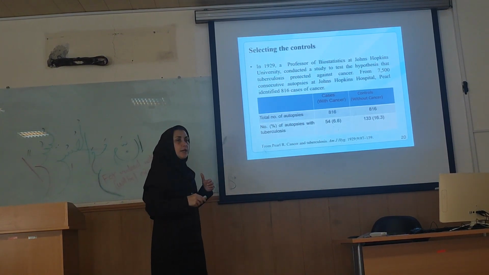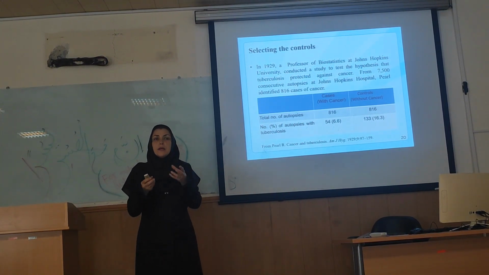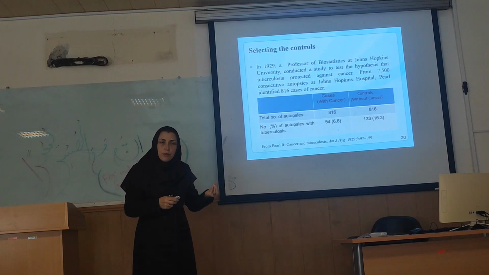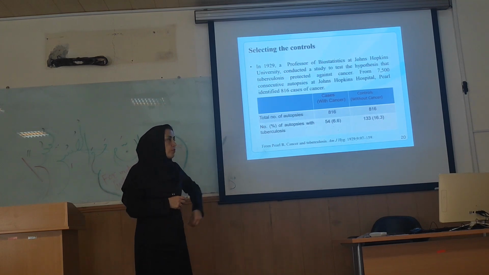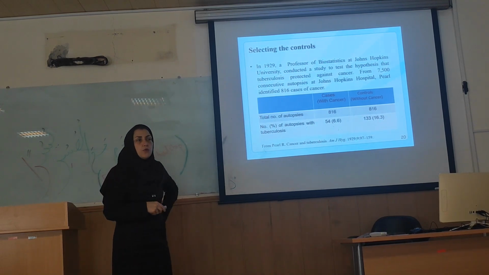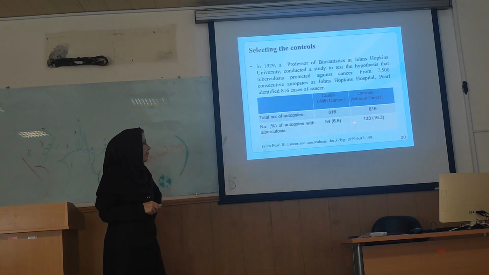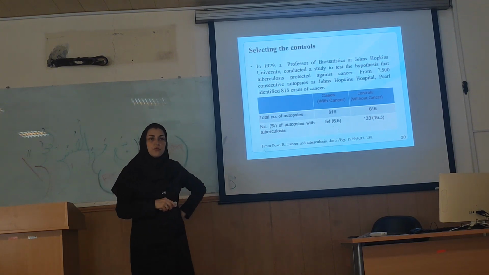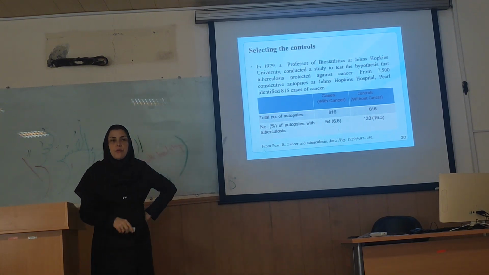After that, he tried to find evidence of tuberculosis. He tested for tuberculosis among those autopsies. Okay? He saw that 6.6% of cases had tuberculosis, but 16% of controls had tuberculosis as well.